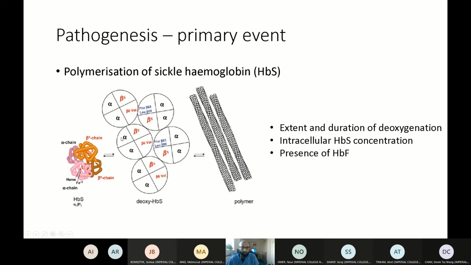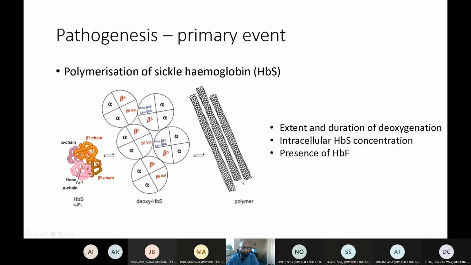Okay, we won't dwell too much on this, but the key thing on this slide to note is that hemoglobin S polymerization is really the key event which leads to all the downstream pathophysiological manifestations and events which occur.